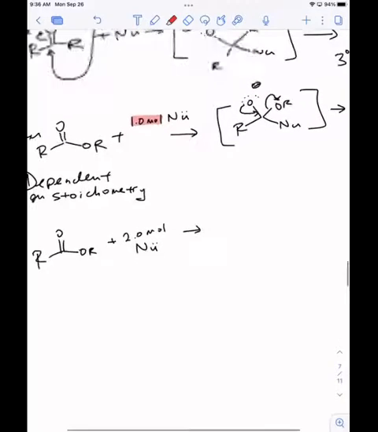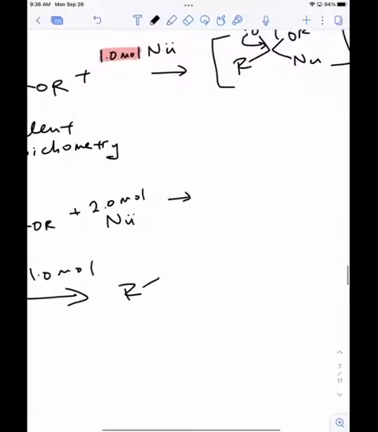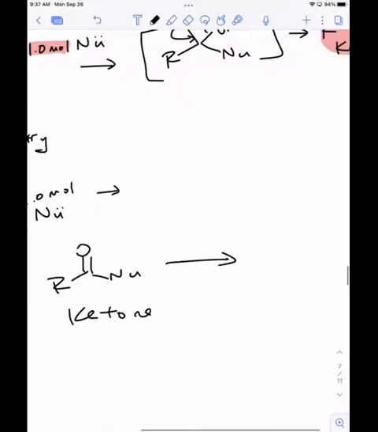So with 1 mole, let's shorten this because we've already seen what 1 mole will do. Right, we're going to get a ketone. What happens when I add another mole of nucleophile to the ketone?